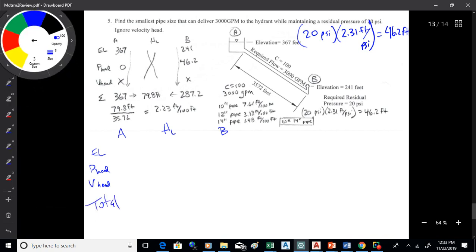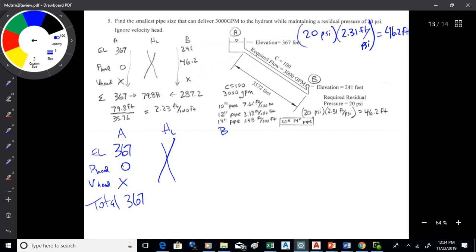The elevation at the reservoir is 367. There's no pressure up there because it's open to the atmosphere, and we're ignoring velocity head. So what we got in that open reservoir is 367 feet.